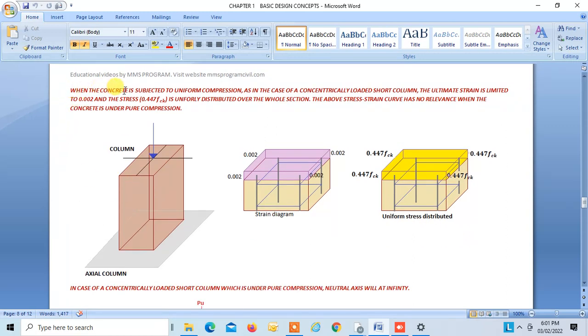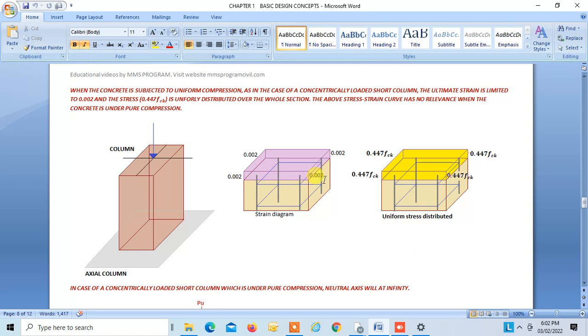When the concrete is subjected to uniform compression, as in the case of a concentrically loaded short column, the ultimate strain is limited to 0.002 and the stress 0.447 fck is uniformly distributed over the whole section. So if you have a concrete section under pure compression, the ultimate strain is taken as 0.002.